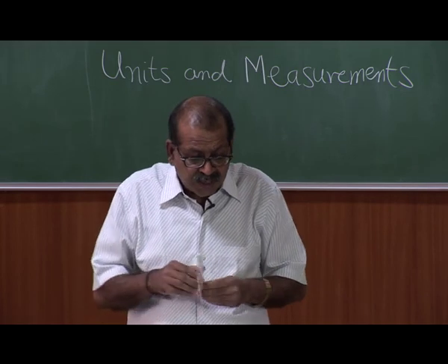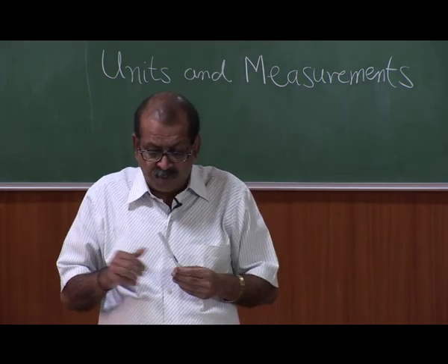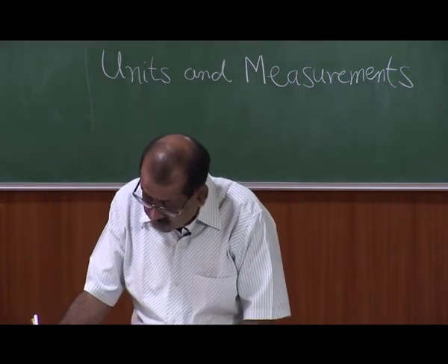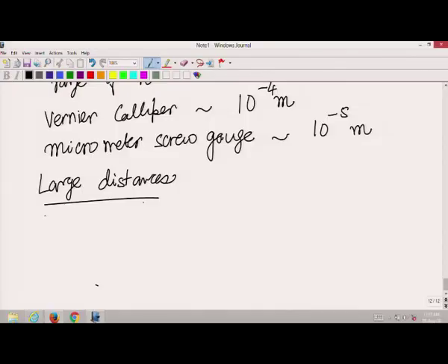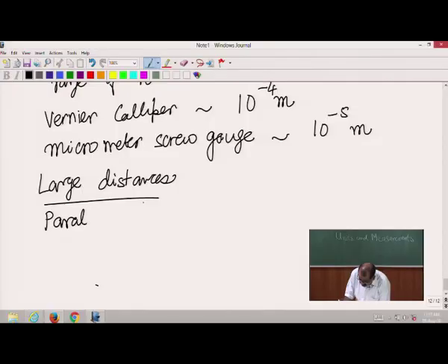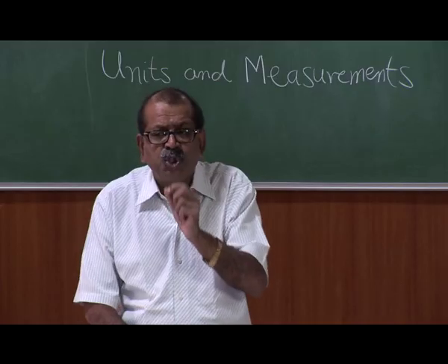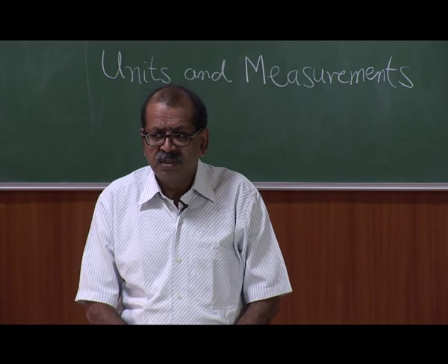Then a meter scale type of method will not be possible, and there what we use is what is referred to as the parallax method. When the same point is measured from two different observation points, it looks as if the position of the point is changed.